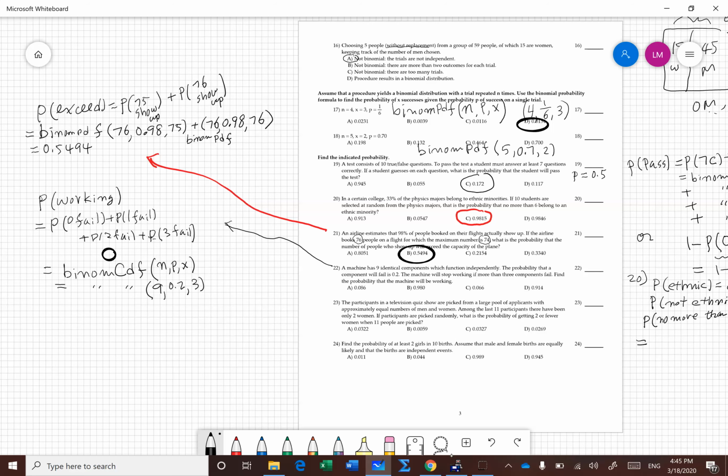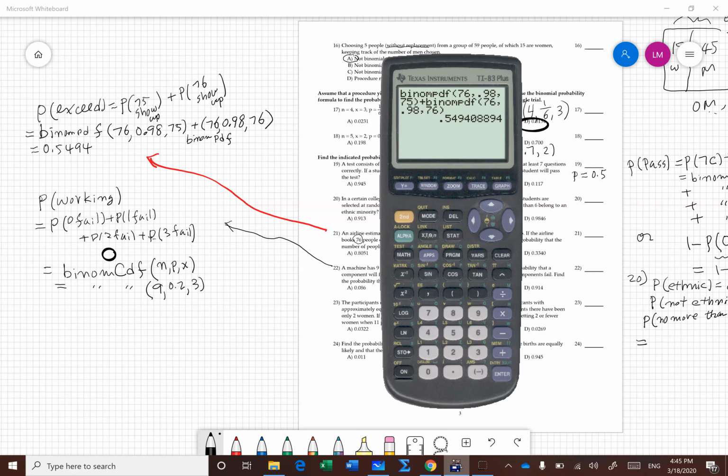Okay. So you put it in your calculator. Again, I'm going to clear this. Second bars, so binom CDF. You get N is 9, 0.2, 3.